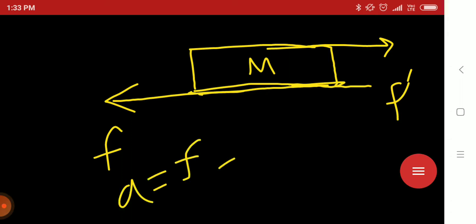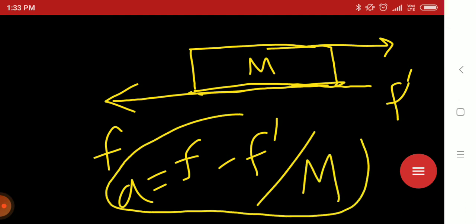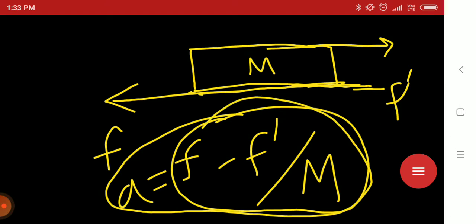Acceleration will be F minus F prime divided by capital M. Because for separating the mass small m from capital M, we have to overcome this. We have to gain this acceleration. This is the forward frictional force F prime. This is the backward frictional force F. So F minus F prime equals m.